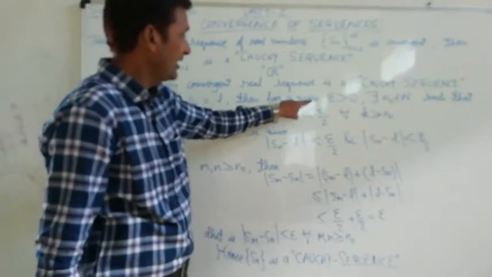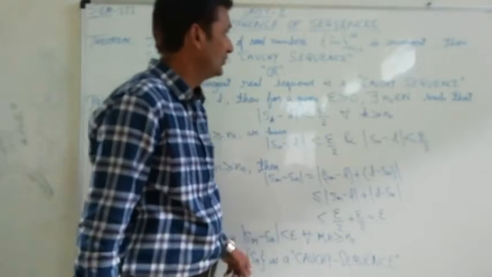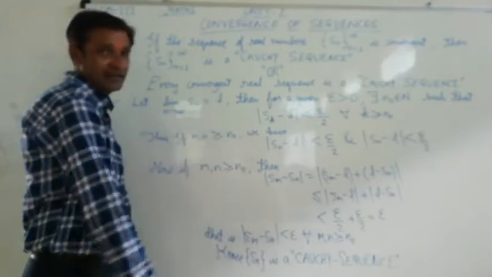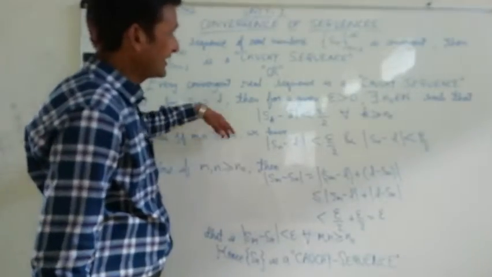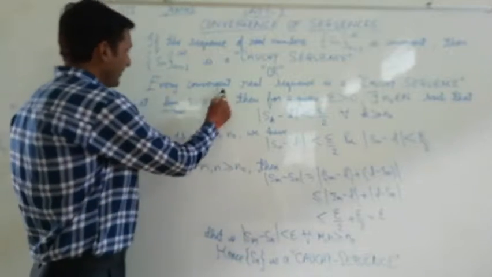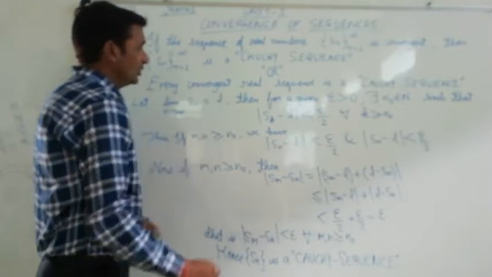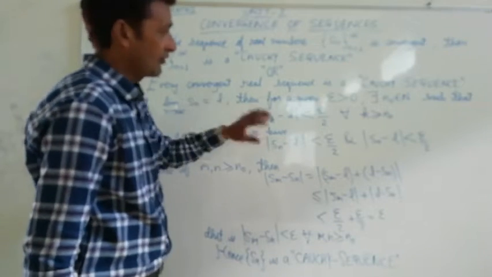Then for a given epsilon greater than 0. What do you mean by this? This limit n tends to infinity Sn is equal to L means that it is convergent, having one finite limit and definite value, and that is called a convergent sequence.